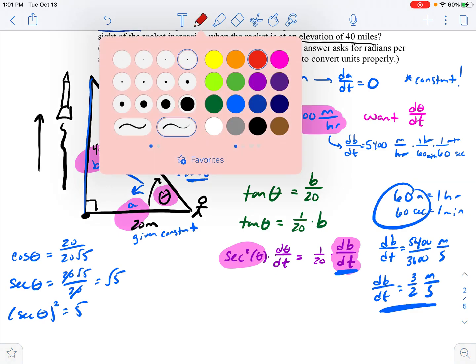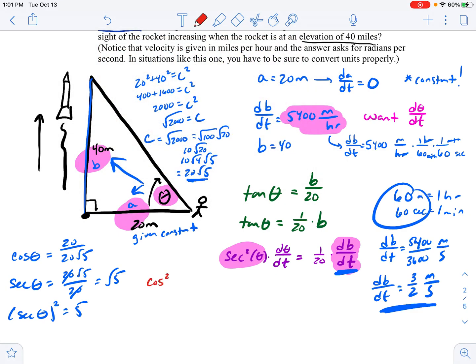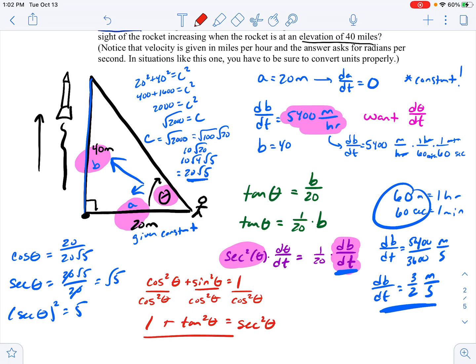Well, you may recall a Pythagorean identity. Cosine squared theta plus sine squared theta equals 1. If I actually take this and I divide both sides by cosine squared theta, watch what happens. Here we get 1, sine squared over cosine squared is tangent squared. 1 over cosine squared is secant squared.